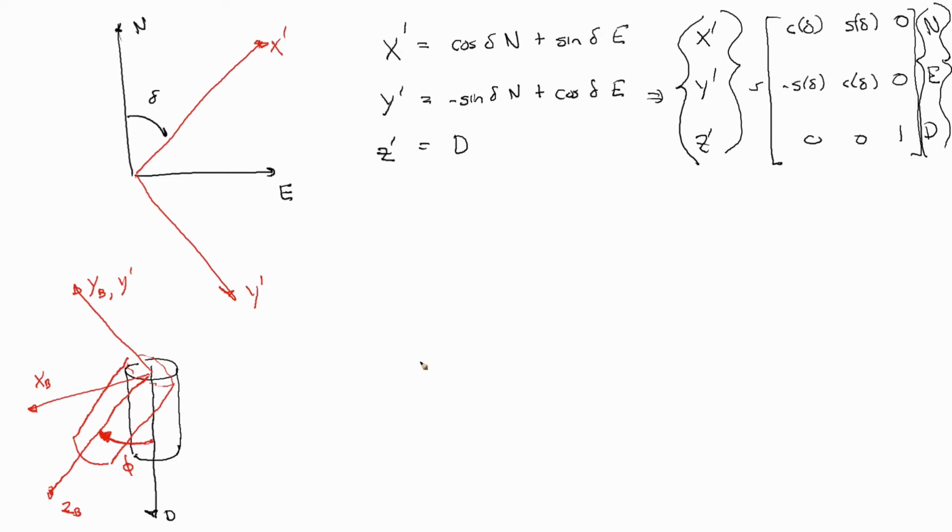Okay. All right. So back to down here, we have that xb is equal to cosine phi x prime minus sine phi z prime, yb is equal to y prime, and zb is equal to sine phi x prime plus cosine phi z prime.